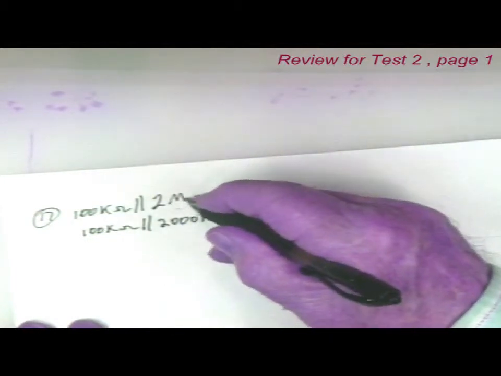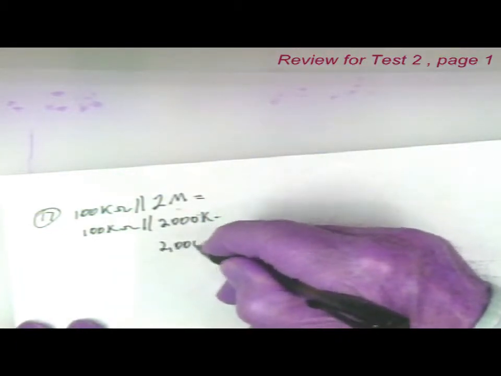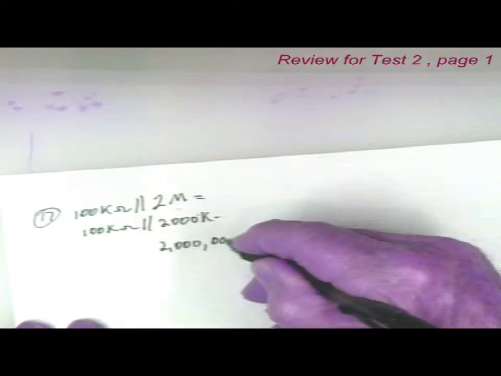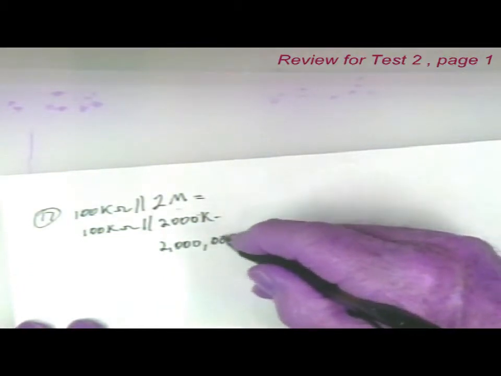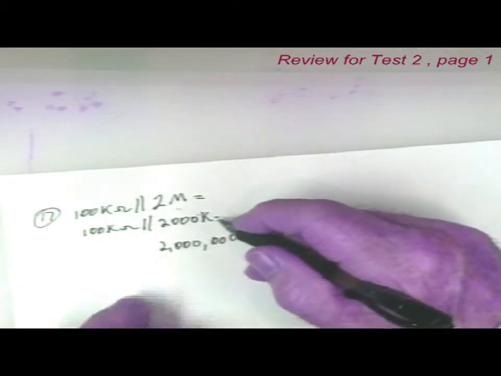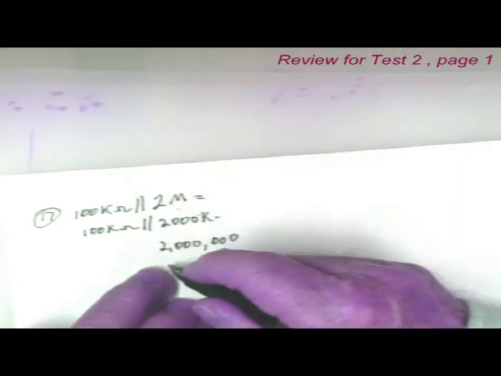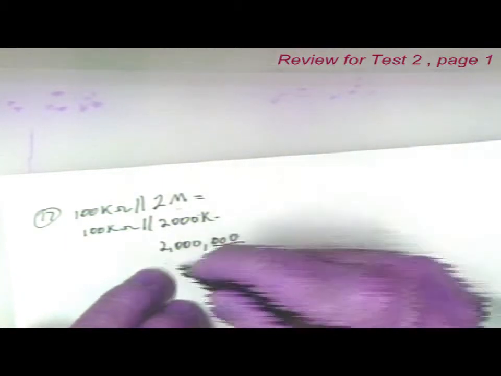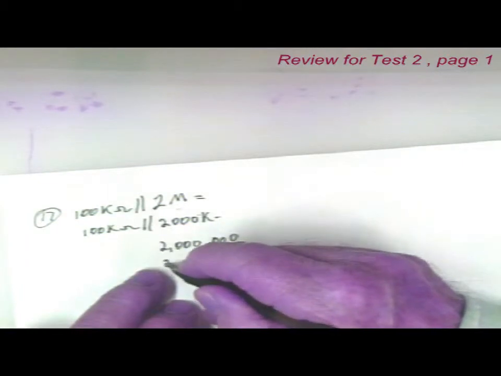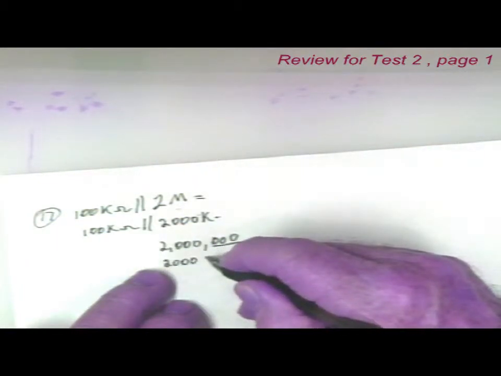Because 2 million is this. Okay, that's the 2 million. And what we can do is make that into K. And the way we do that, of course, is we want to group this into 3. You have 2,000, what? 2,000 K ohms.